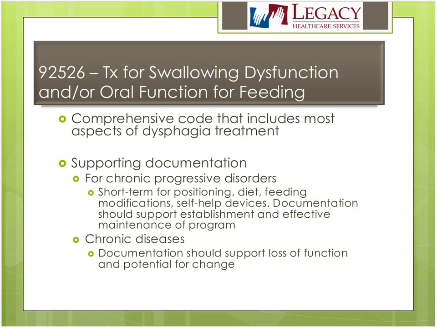So you're going to focus on positioning, diet, feeding modifications. Your documentation needs to support establishing and training somebody to carry out a functional maintenance program for the interventions that you provided. For a chronic disease, documentation should support the loss of function and the potential for change.